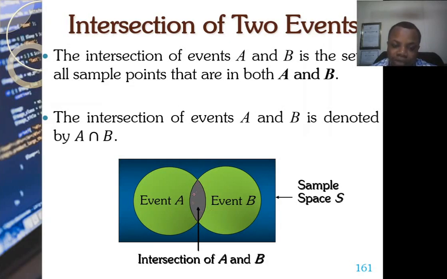This is what is being represented by this region that we have here. In place of the intersection symbol, we could use the word and. So if we have A and B, that is the same as A intersection B, and that refers to the things these two have in common.